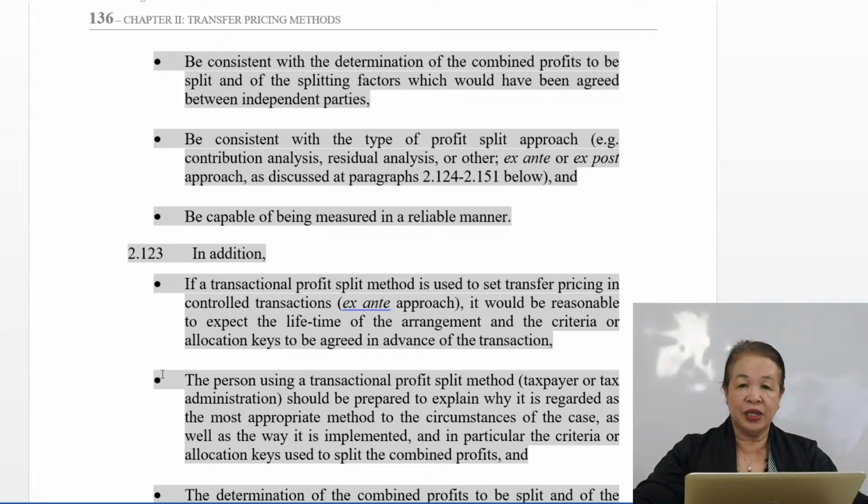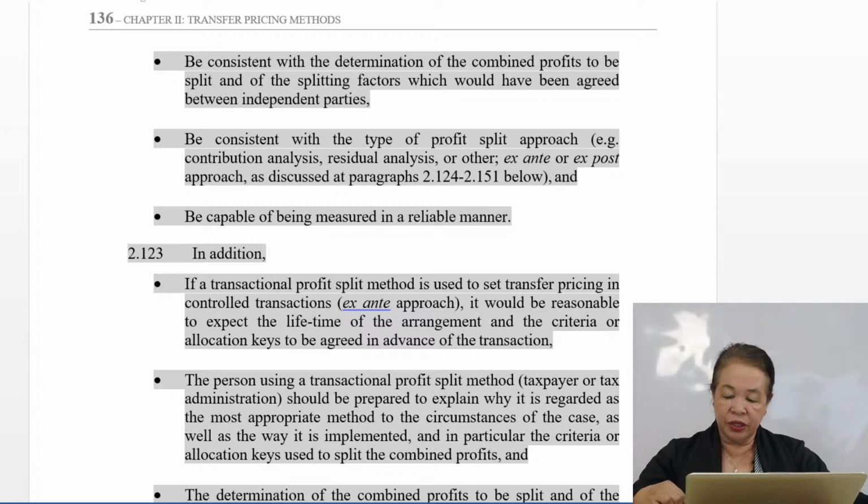Pagka the operation is highly integrated such that walang profit yung iba, nandudun na nakakonsentrate sa isang related party, and then yung iba are just doing services to that related party. No? Kaya dapat lang split the profit. Otherwise, isa lang yung magpa-profit, yung iba, puro reimbursement of expenses. No? Hindi papayag yung tax authorities na ganun lang yung mangyayari.